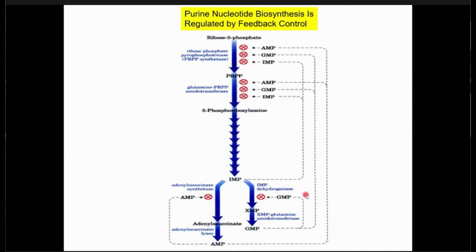This is a very simplistic slide that helps you to know what to memorize. This is a feedback control. Once you have a lot of AMP, of course, this will inhibit this enzyme to stop the production. It's the same with a lot of AMP or GMP: they will go back and inhibit these enzymes to stop the synthesis.